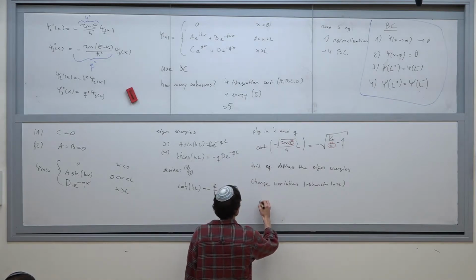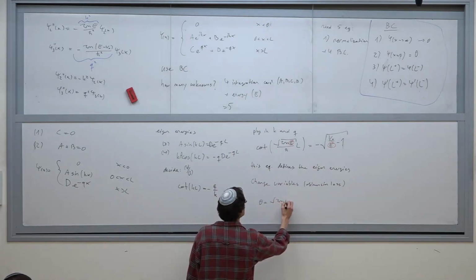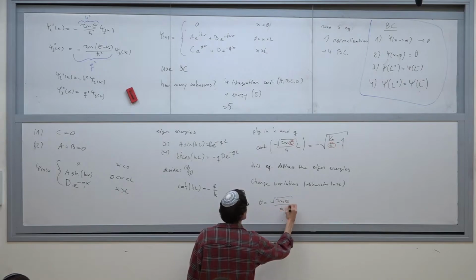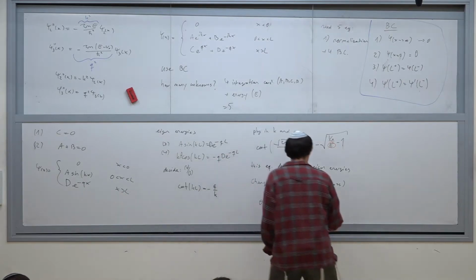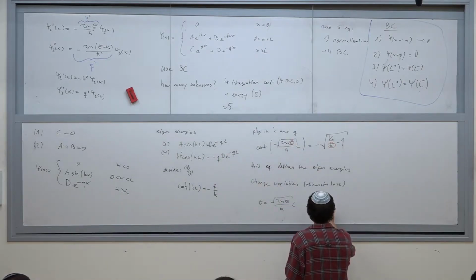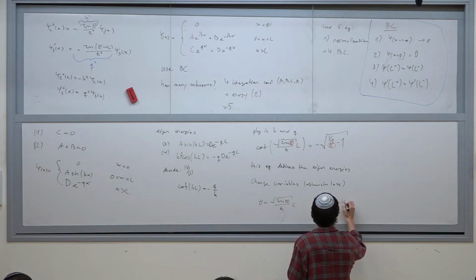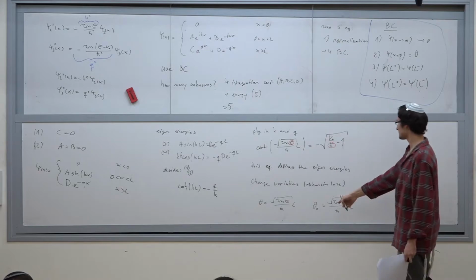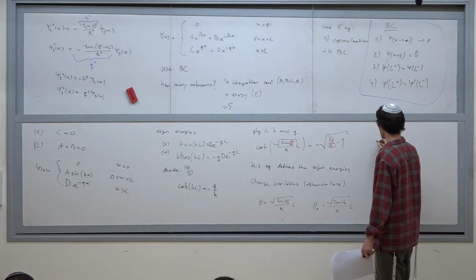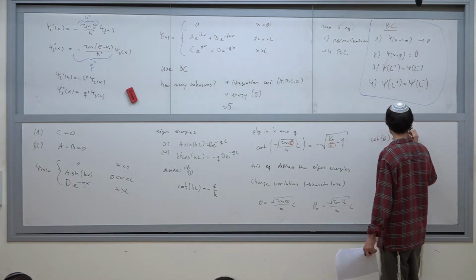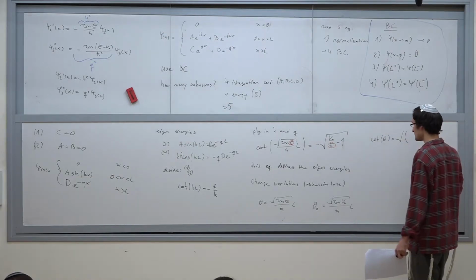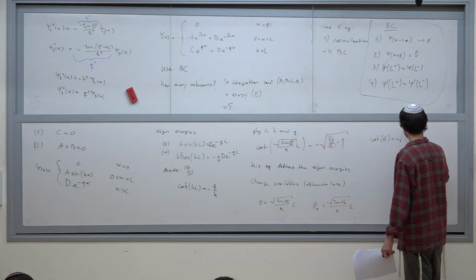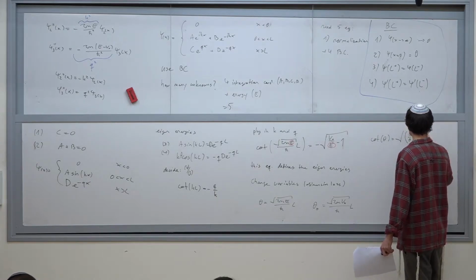So I'll define theta, which is just the argument of the cotangent, and I'll define theta 0, which is the same thing, but with V0 instead of E. Using this change of variables, the equation becomes cotangent of theta equals root of theta 0 over theta squared minus 1.